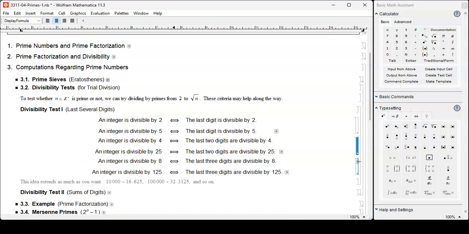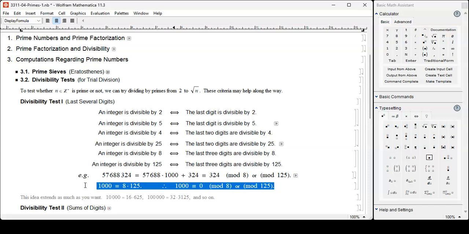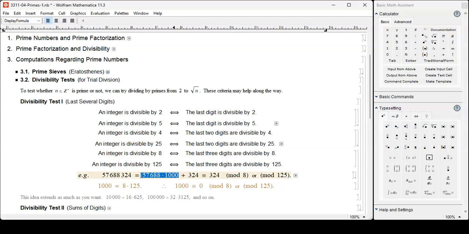You can do the same thing for 1000, which equals 8 times 125, using the last three digits. The part divisible by 1000 is congruent to 0 modulo 8, and you check only the last three digits.